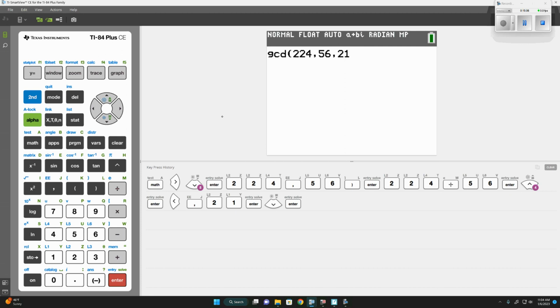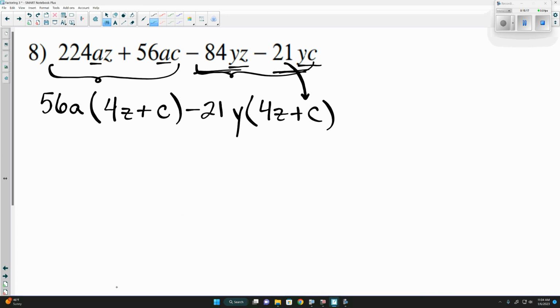So the most likely number is 21, and if we check this here, 84 divided by 21, we expect this to be what? 4. Or z. So once we get one of them, it kind of helps us figure out what the other one is. So normally when I'm picking which one of the two to do first, I pick whichever one is going to be easier to find the greatest common factor and then work from there.